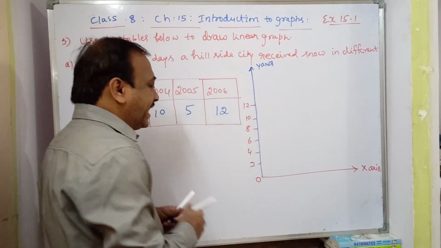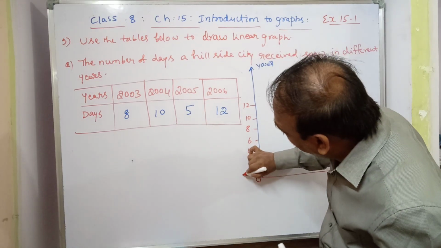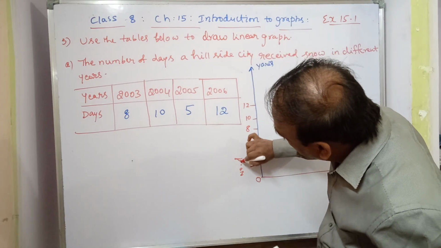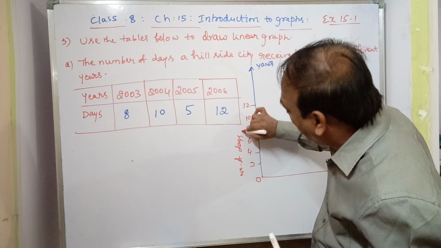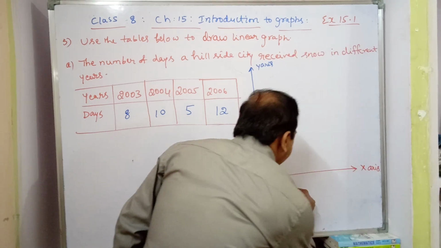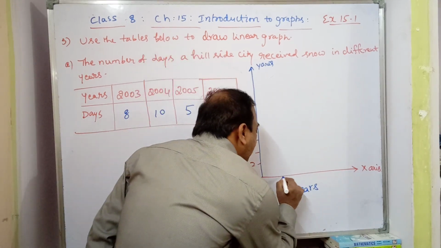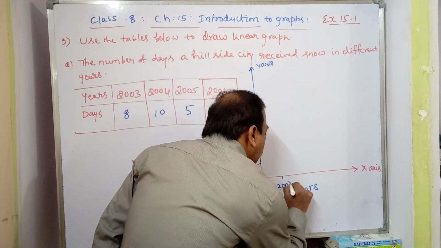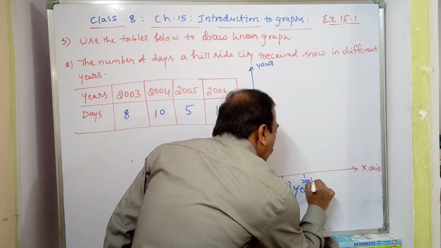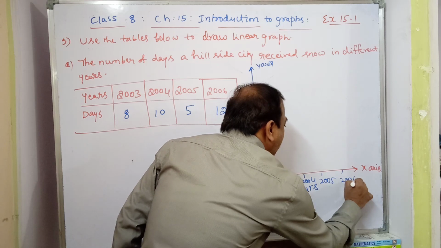This is the number of days on the y-axis, and years on the x-axis. The first year, the beginning year, is 2003, and next 2004, 2005, 2006.